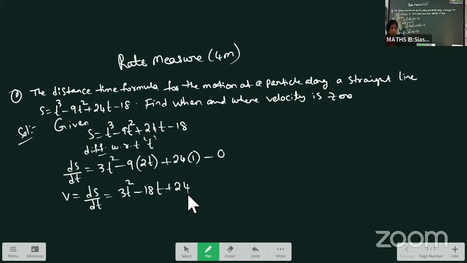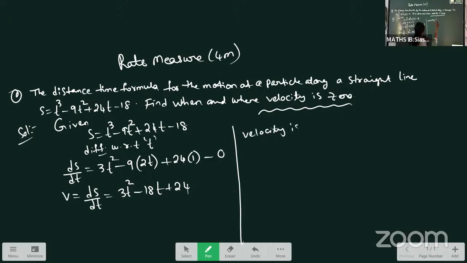In the question, when and where the velocity is 0. So by taking velocity is 0, we have to find out T value. Velocity is 0 implies 3T square minus 18T plus 24 is equals to 0.